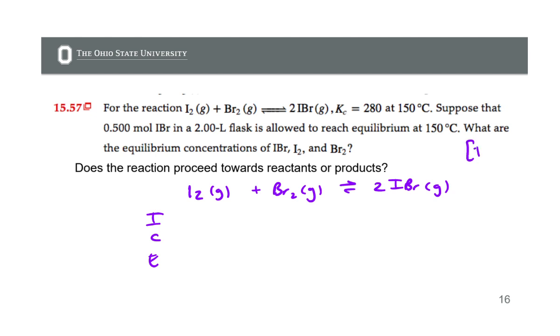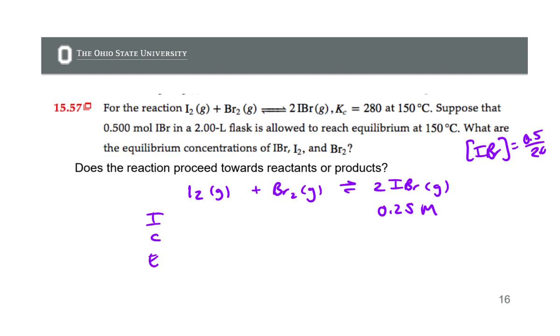So the concentration of IBr is 0.5 divided by 2, so we're going to have 0.25 moles per liter initially.